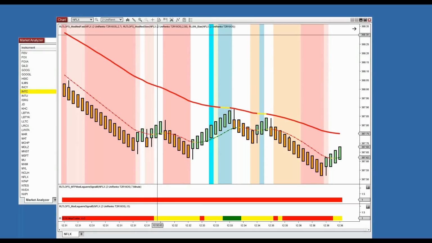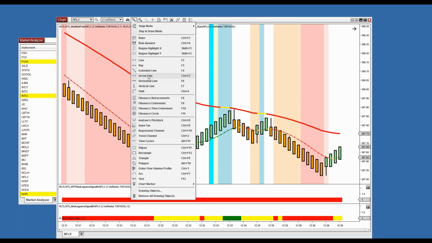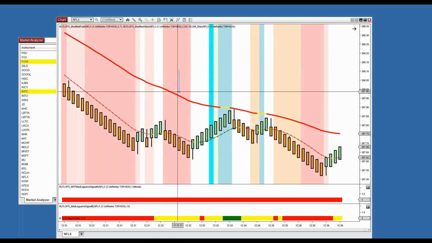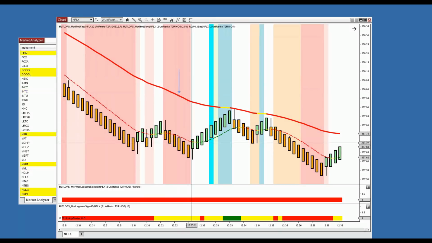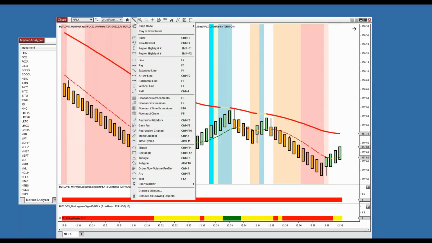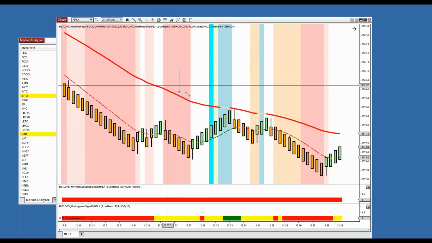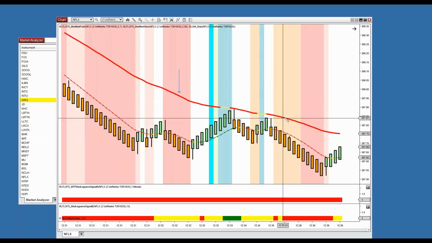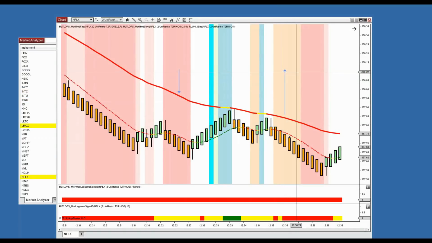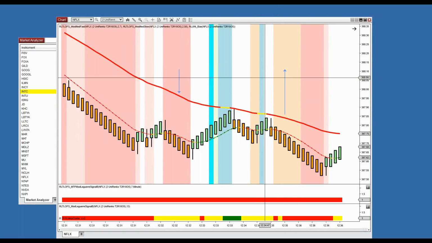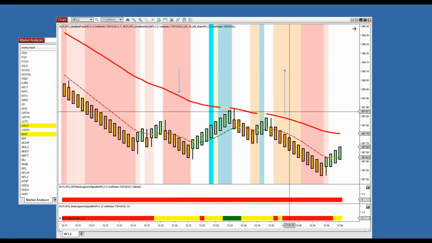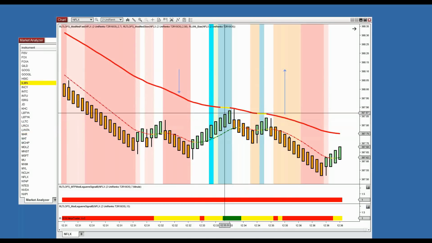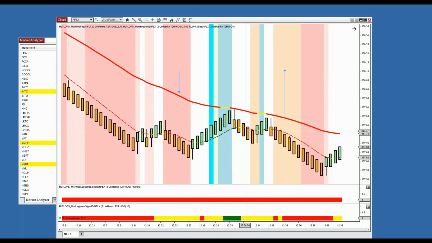Now, in order for it to flash you a short trade, you've got to be below the 50. In order for it to flash you a long trade, price has to be above the 50. In addition, because it's looking at multiple parameters, it's really a complex algorithm.